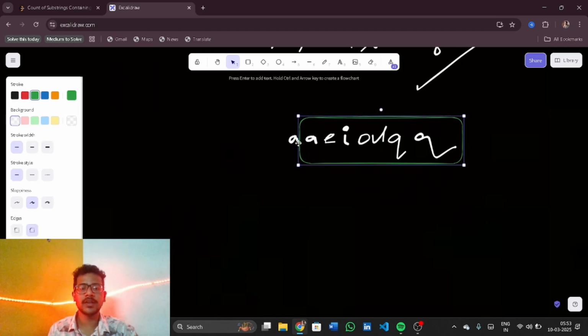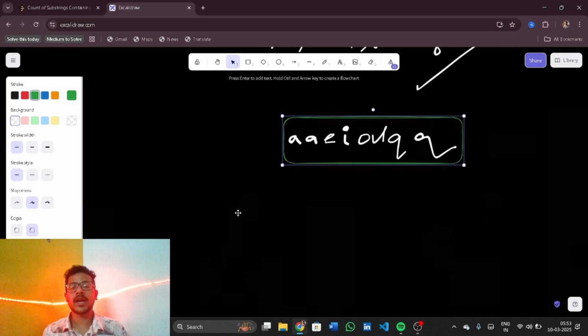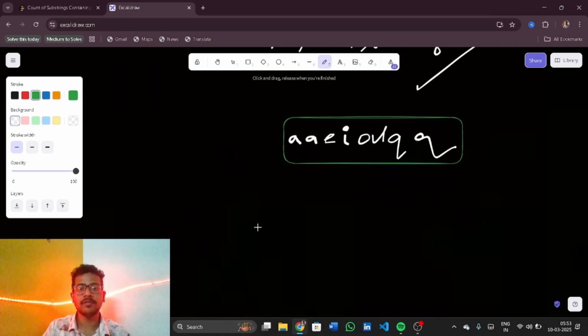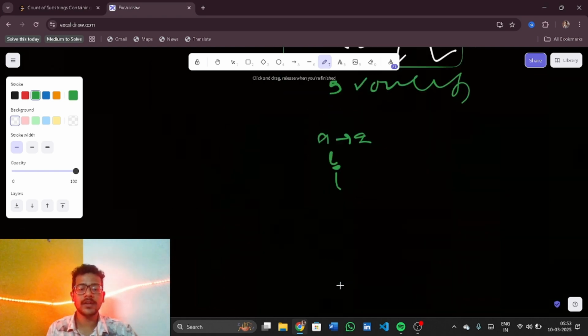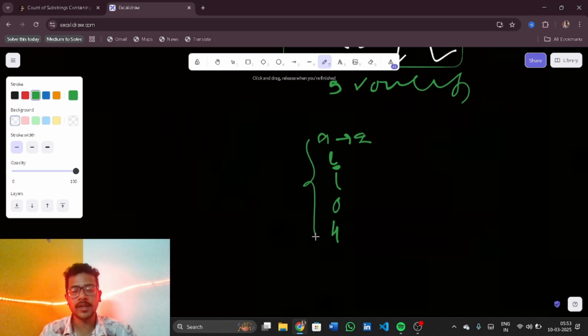If you see clearly, this is another valid substring. We are not asked whether we are having more than one vowel count or not. We just need 5 vowels. That's it. I don't mind if a count is 2 or 100 or anything, but I need A, E, I, O, U to be present in my substring. These need to be present no matter what the count is.